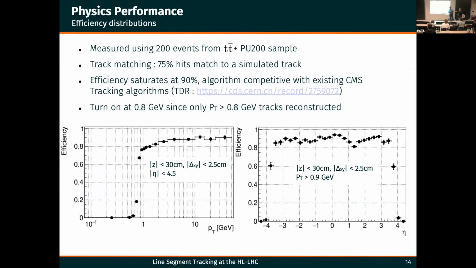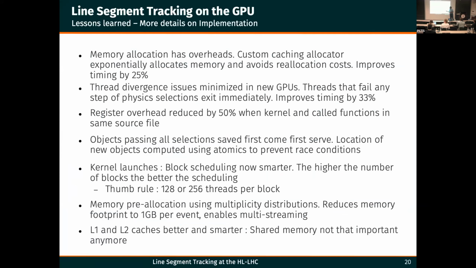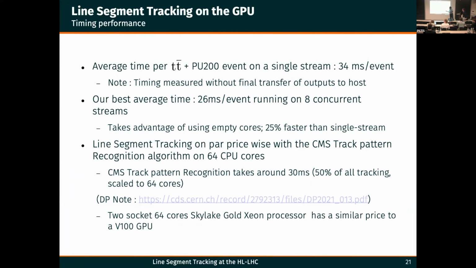I saw a question. When you compare the timing performance between CPU and GPU, how optimized is your CPU? Do you use structure of arrays as well as SIMD? This CPU thing, I'm not very sure.